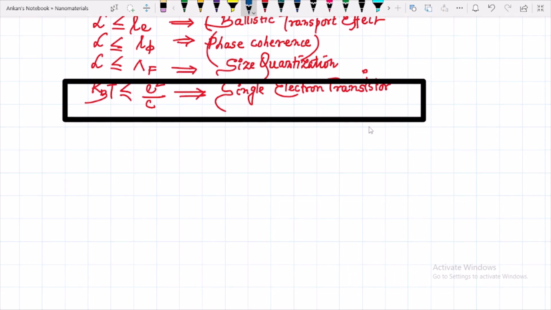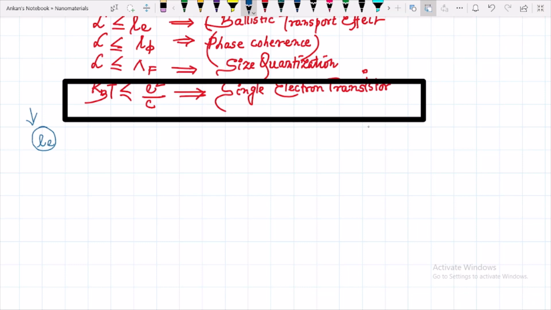By considering L_E, you know that this is the average distance traveled by the electron before it is elastically scattered.